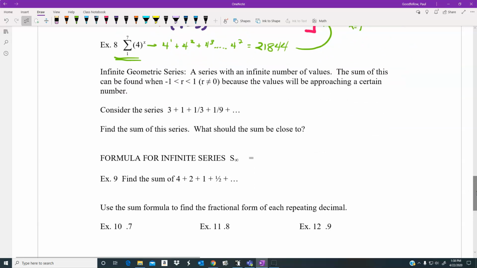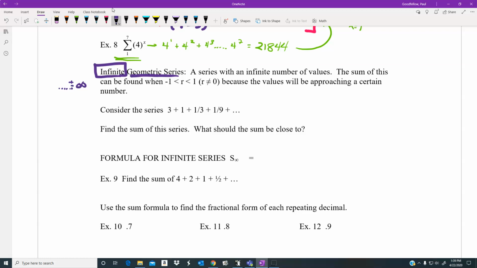Now, there's something strange that happens with sequences and series, specifically series in geometric. What if the geometric series goes to infinity? Your first thoughts would be, well, of course, if the sequence goes to infinity, it should end up being infinity, or if it was going down, negative infinity.